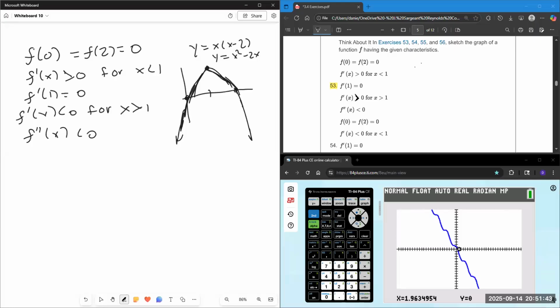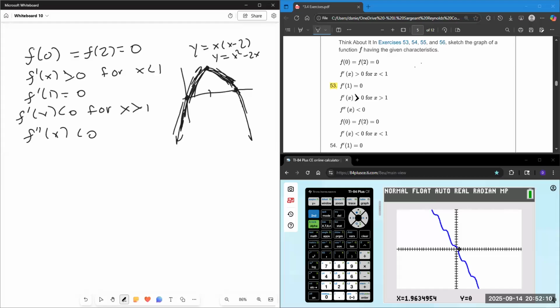That's a constant multiple of that. And let's see here. So positive slope when less than 1, yep, that's a positive slope. Negative slope when greater than 1, yes, that's negative slope. So this parabola that has a maximum value at x equals 1 has x-intercepts at 0 and 2.